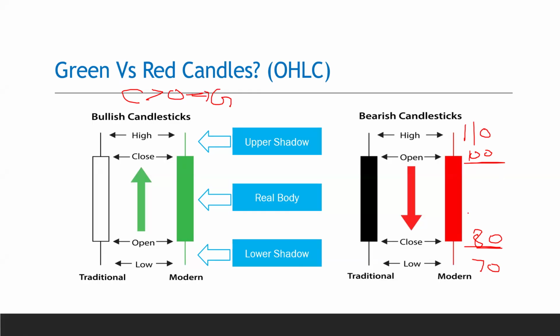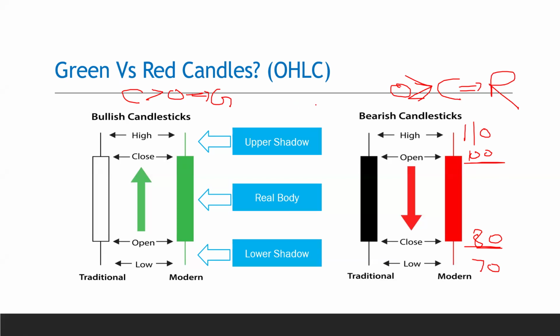Here the condition is, if open is greater than close, it will be a red candle. Clear? This is the bare minimum basic which you need to understand, so that you know how a green candle gets formed, how a red candle gets formed.